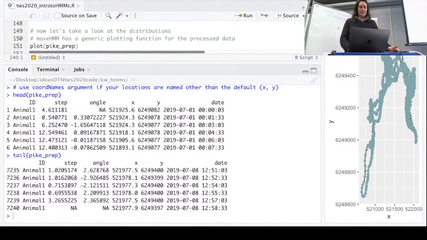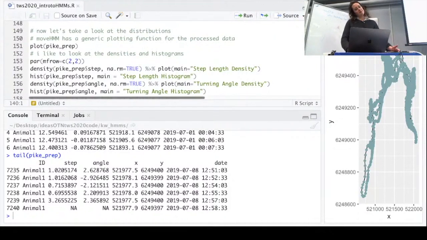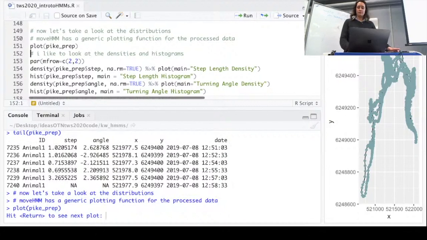So now we can take a look at the distributions. This can be a little bit tricky to figure out, but nicely, moveHMM actually has a generic plotting function for the processed data, so you can just plot this. It's going to prompt you.